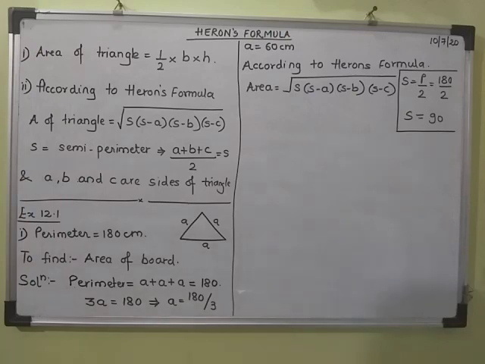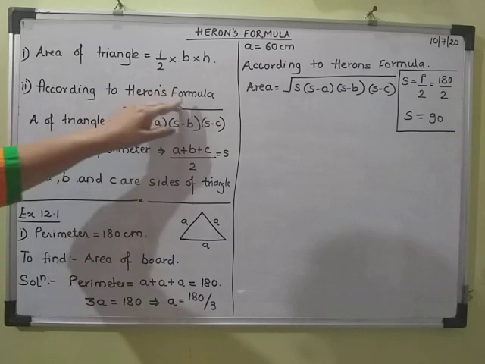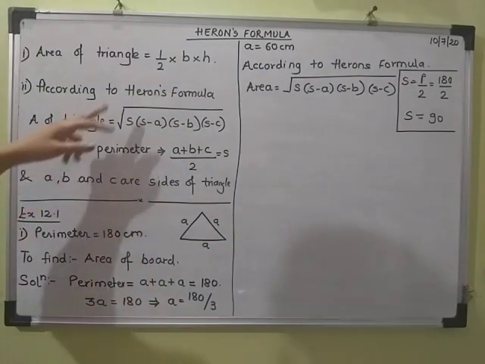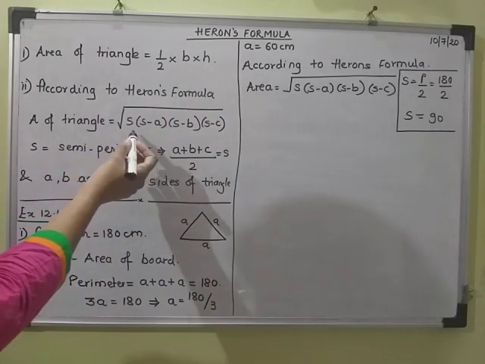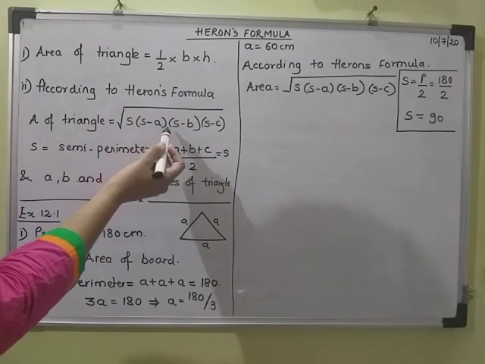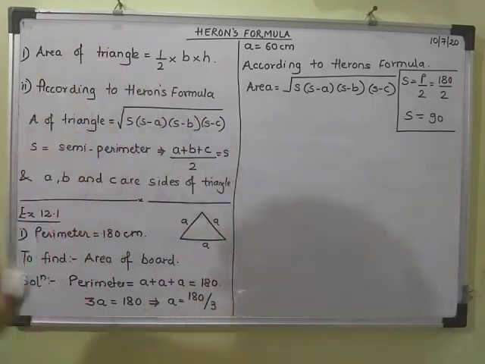Heron is the name of a scientist, and he gave this formula, which is called Heron's formula. In this formula, the area of a triangle is the square root of S into (S minus A), (S minus B), (S minus C).